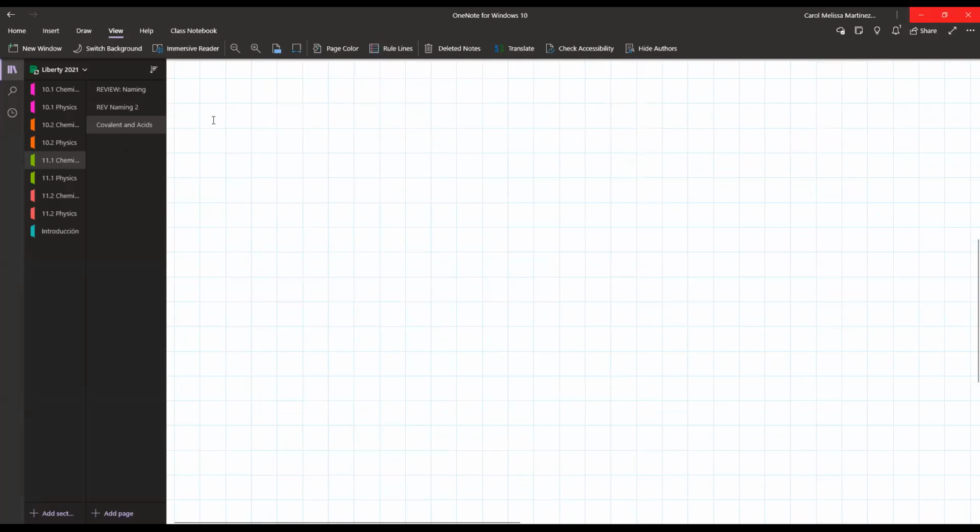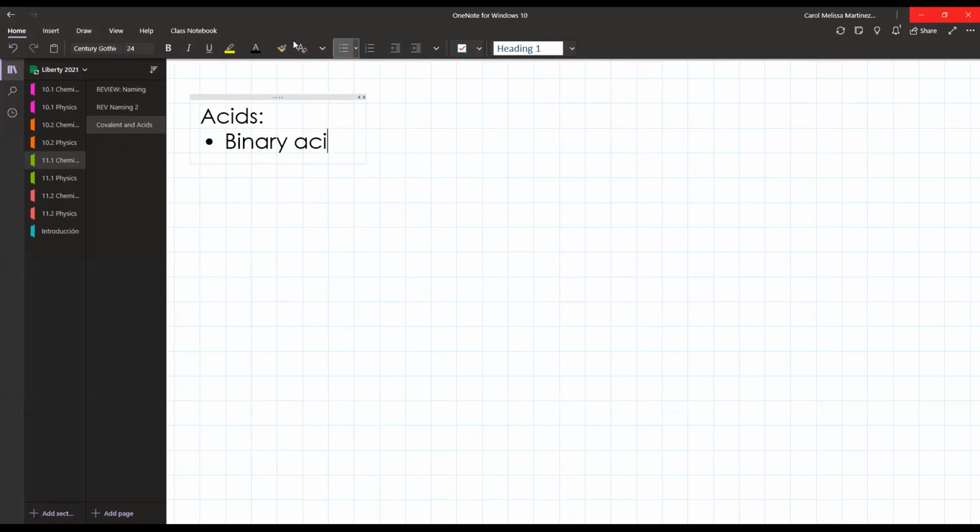Okay, now, what about acids? Acids can be divided in two, okay? We have binary acids and oxyacids. Now, the difference is that binary acids have how many elements?